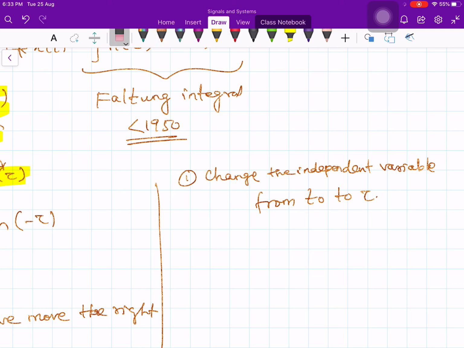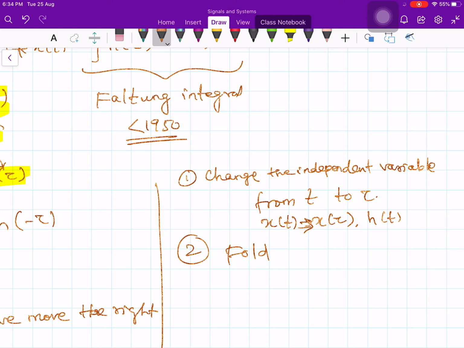In the first step, x of t becomes x of tau, and h of t becomes h of tau.